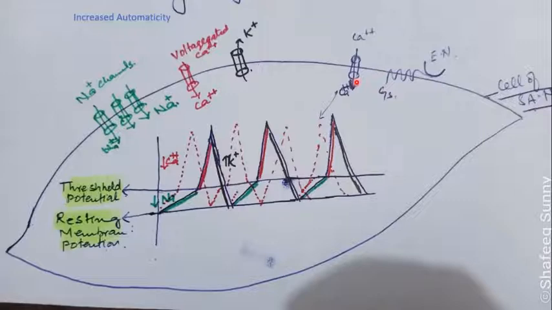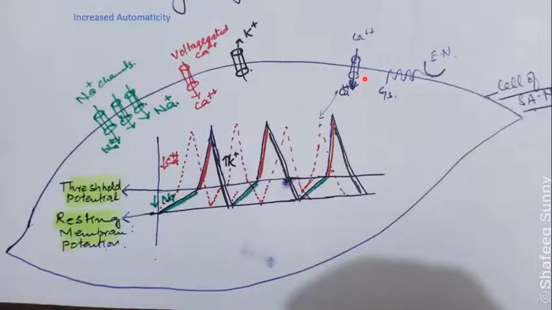Now we can say that when epinephrine acts on this SA node, the automatic tissue, it will load that tissue with an extra cation, that is calcium.